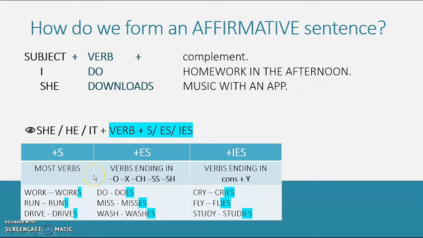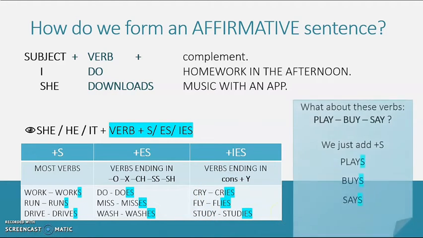When the verbs end in o, x, ch, double s, or sh, we will add the es to the verb, like in does, misses, and washes. As regards the verbs ending in consonant plus y, like in cry, fly, and study, we will drop the y in order to add the ending ies, and they will be cries, flies, and studies.